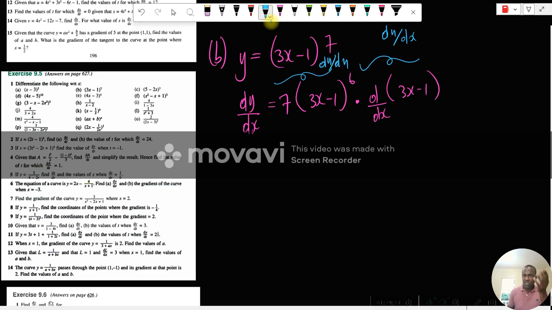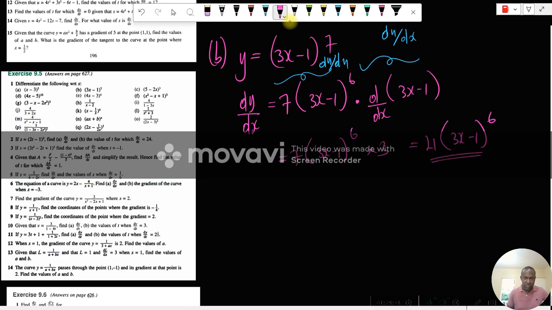So it essentially gives the same thing. So basically we have 7 times (3x minus 1) to the power of 6 times 3, which gives 21 times (3x minus 1) to the power of 6. Same thing we got from before.